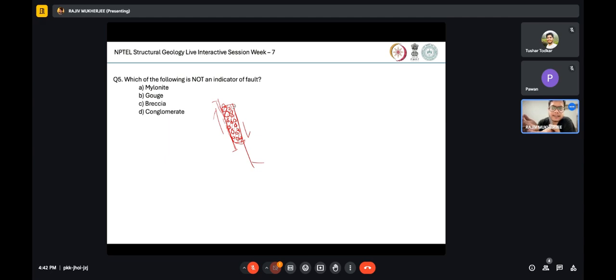Why do we do that? Because an unconformity essentially indicates a hiatus in sedimentary deposition. So there is no deposition for a very long period of time, followed by erosion. And whenever new deposition begins, the energy condition remains very high, and that is why conglomerate kind of rocks are deposited.